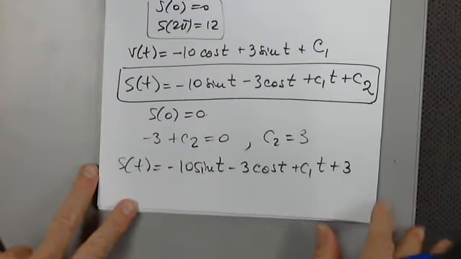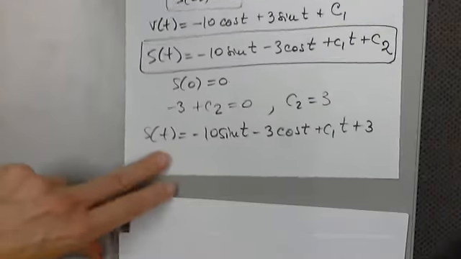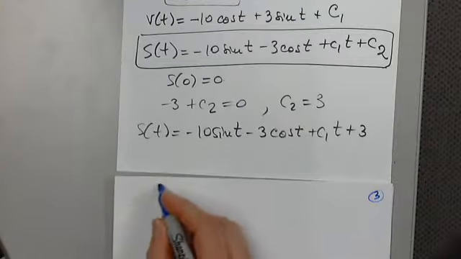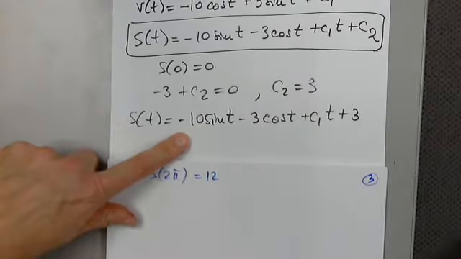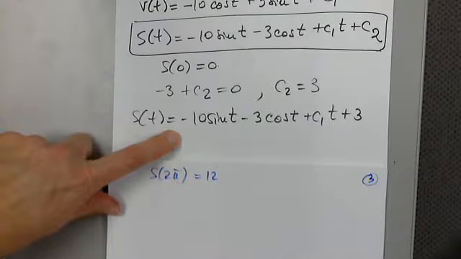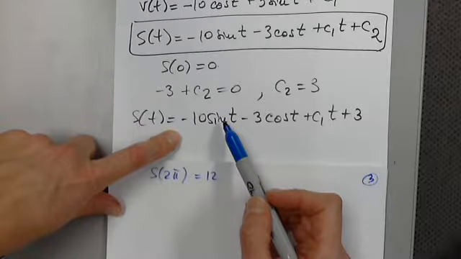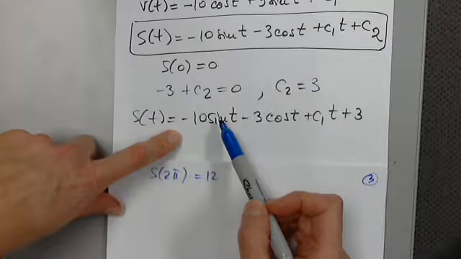Okay, so now I have one more piece of information, which is s of 2 pi equals 12. So let's go back to what we have, the new form. When I plug in 2 pi in sine, it's like plugging in 0. 2 pi or 0 is the same thing for sine. So what do I get? 0.